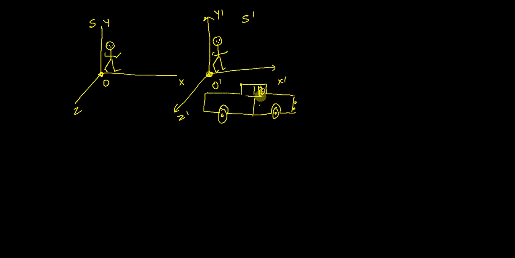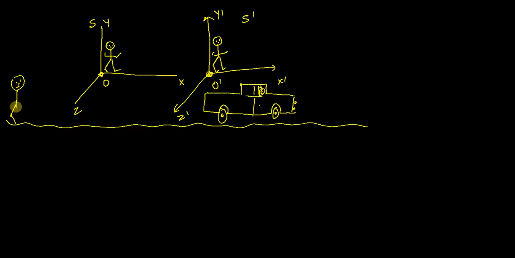So this person is sitting in the car, and this car is the frame of reference denoted by S prime. Here the man is standing across the road, under the tree, and this car is moving. This is the situation, right?